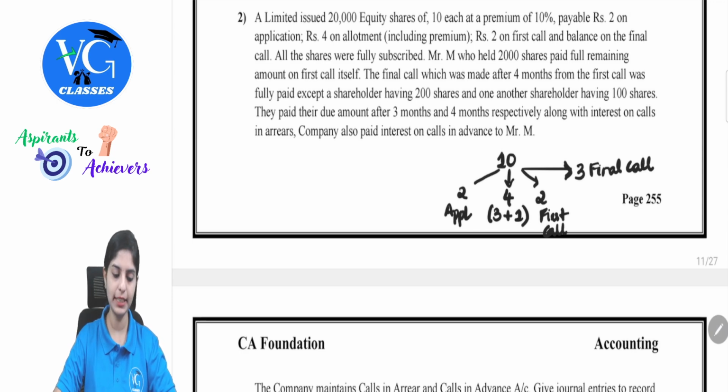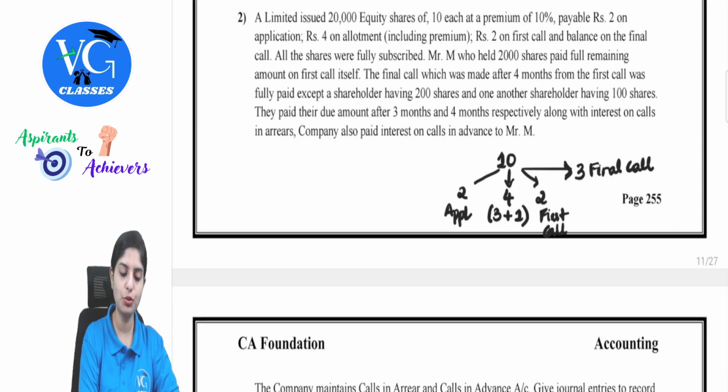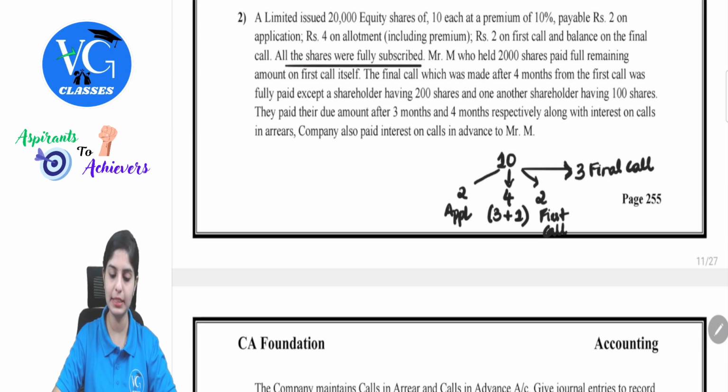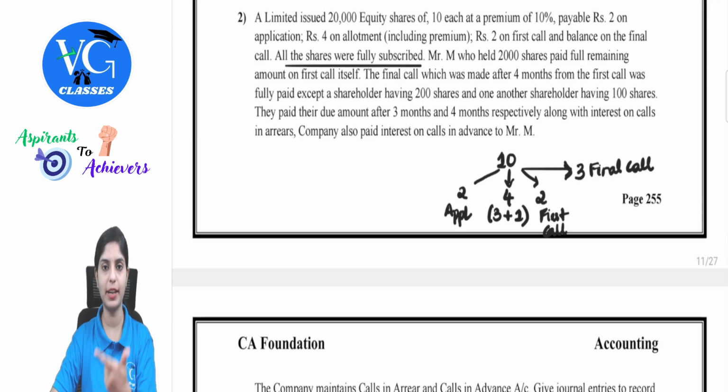Clear? Yes. All the shares were fully subscribed. So there was no problem with respect to over or under subscription. This point is clear. Mr. M, who held 2,000 shares, paid full remaining amount on the first call itself. See, with respect to installment, there was first call and final call.